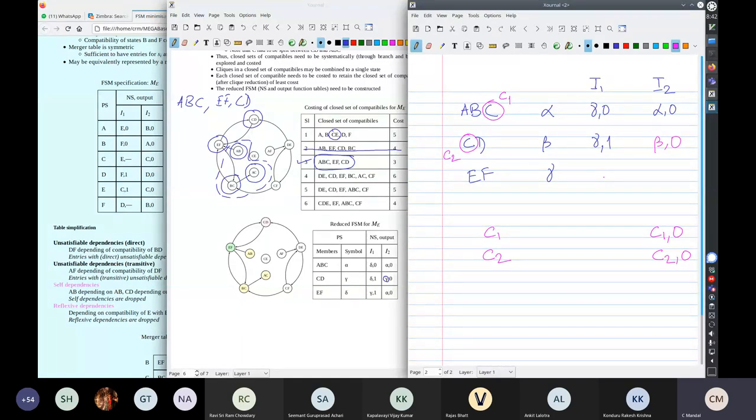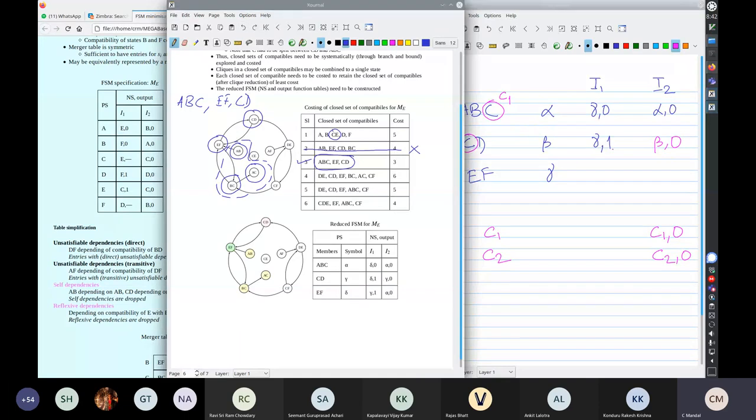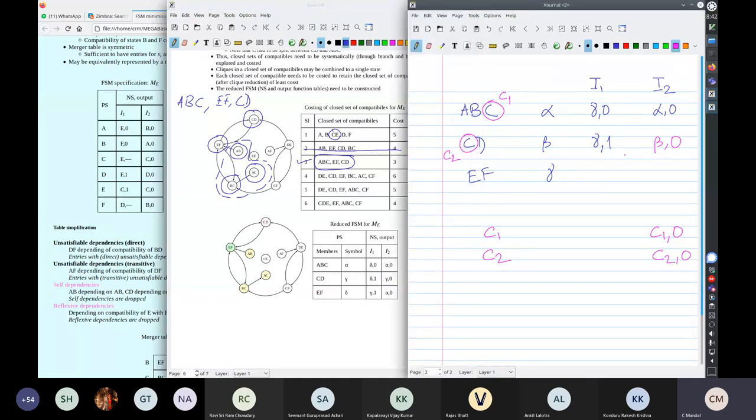Oh, 1 second. I've used different symbols actually. I think that's the reason we are having this problem. Alpha, gamma, and delta. I have used alpha, gamma, and delta.